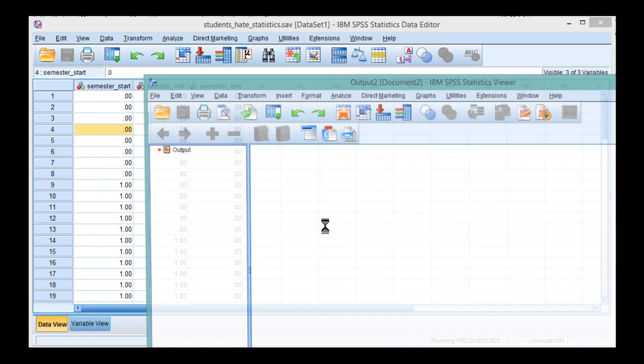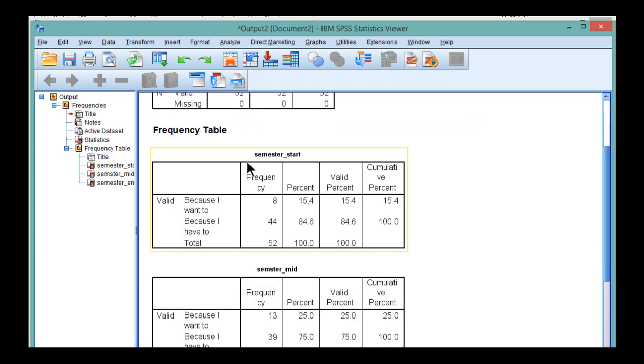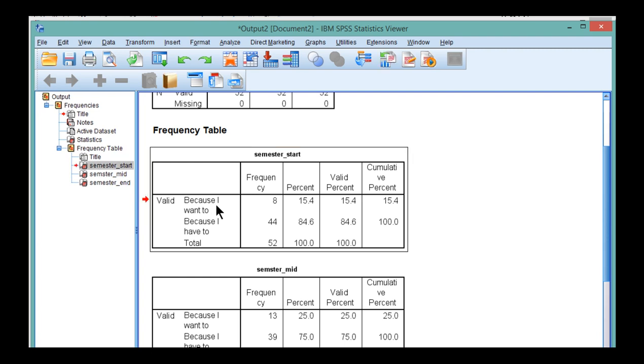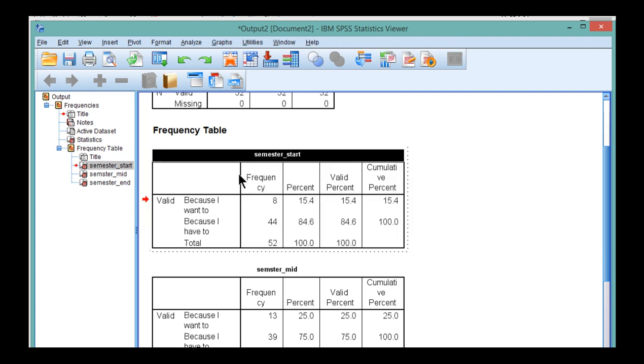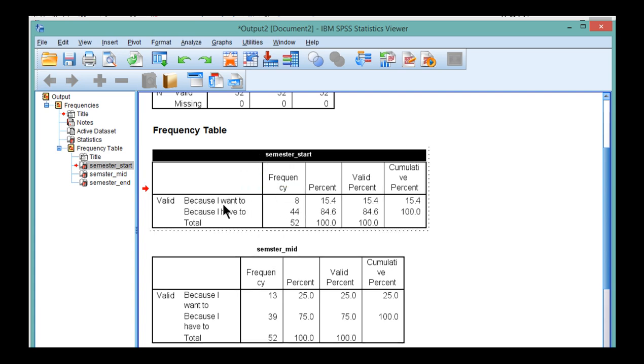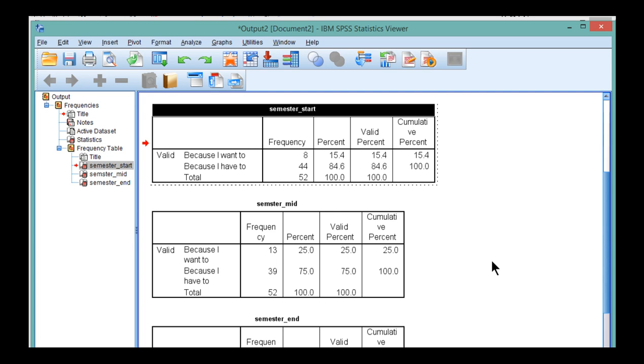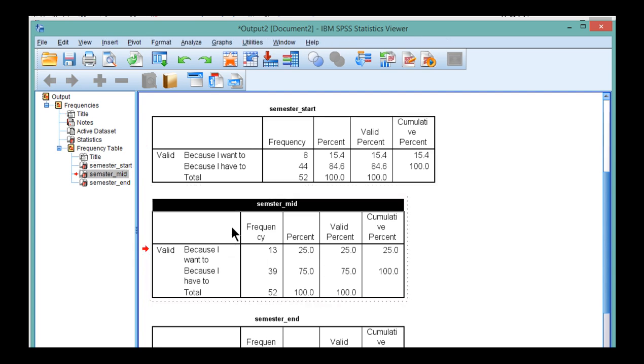So click OK. And here we can see that the sample size is 52, and that at the semester start, the percentage of students who said that they are taking the statistics unit because they wanted to was equal to only 15.4%. Because I want to, 15.4%, and because I have to, 84.6% of the students said that they were taking the stats unit simply because they had to.